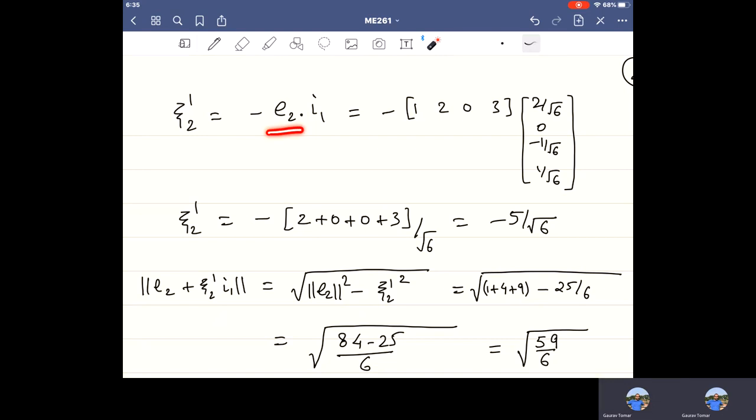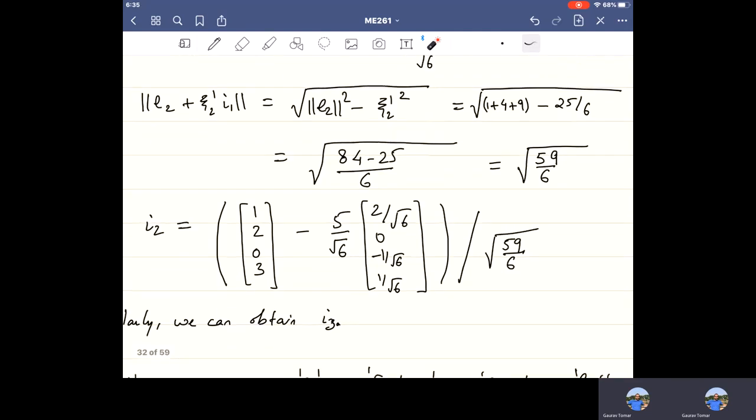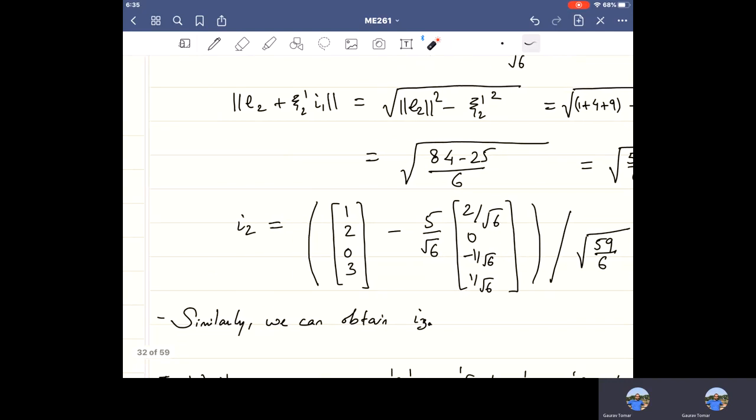We take the inner product and we get the value of I2,1. Proceeding further, we have to normalize it. In normalization, we have already found a very simple rule for that. It's here. And so your scaling factor comes out to be root of 59 by 6. So you have your I2 vector like this.